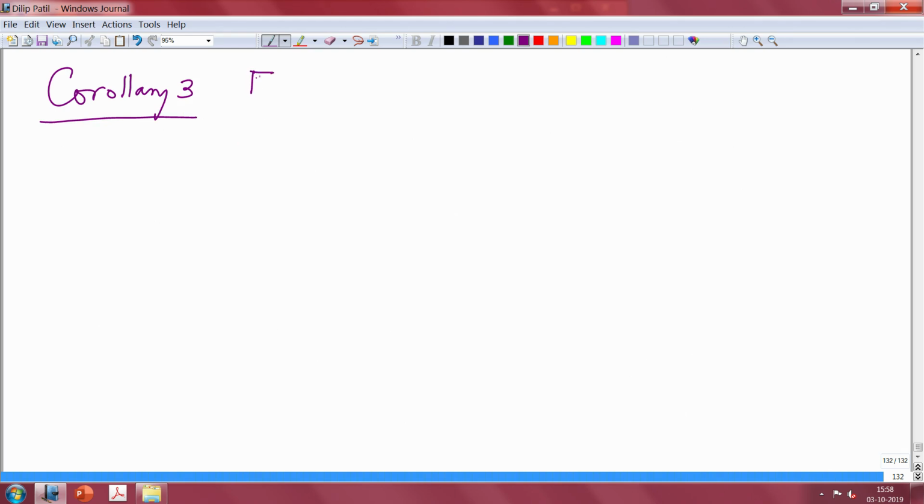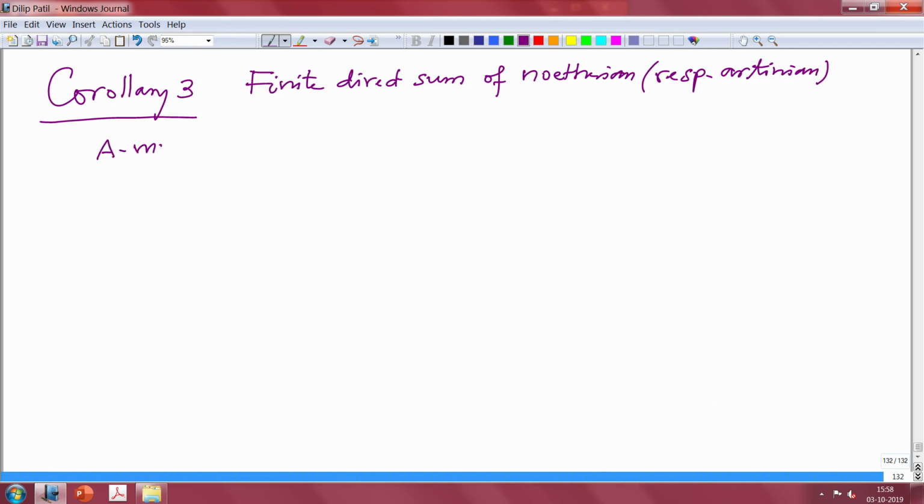A finite direct sum of Noetherian, respectively Artinian, A modules is again Noetherian, respectively Artinian.